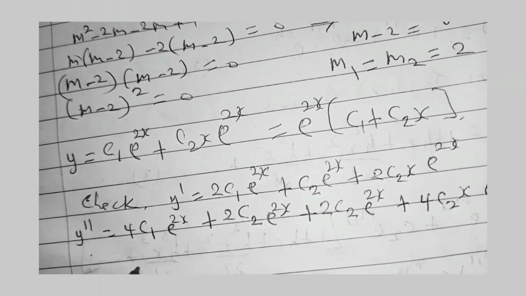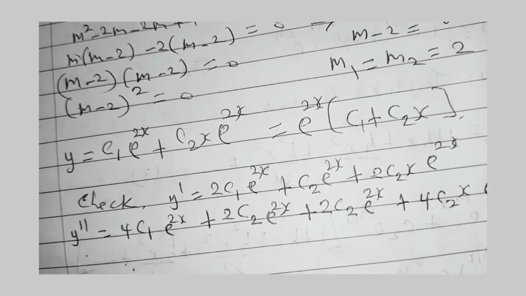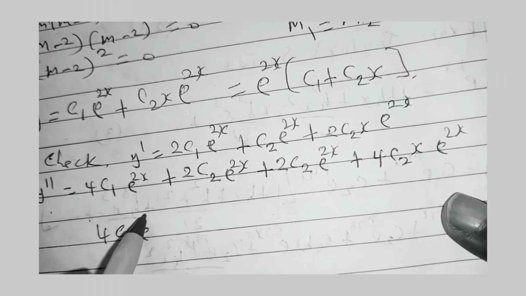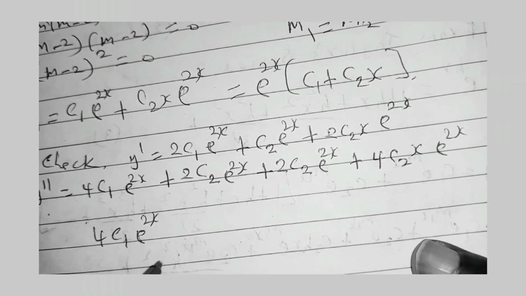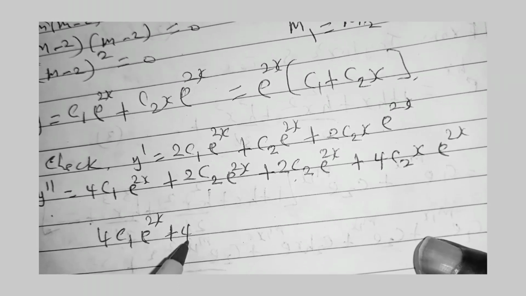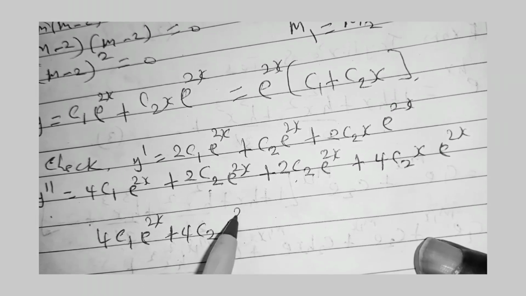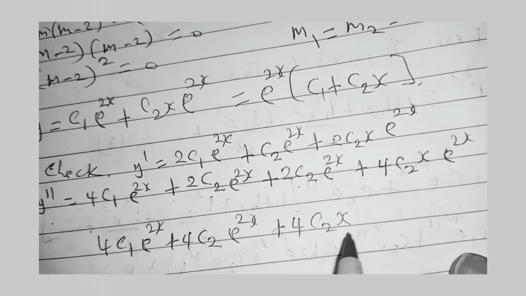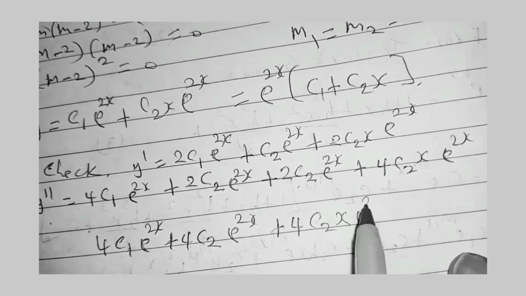This one can be simplified. So you shall have 4 c1 exponential 2x plus 4 c2 exponential 2x plus 4 c2x exponential 2x.